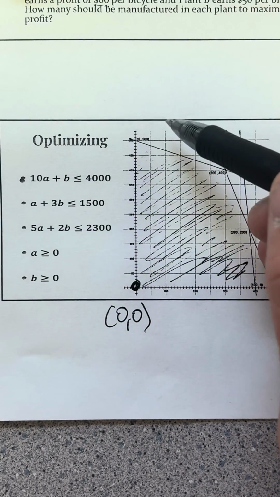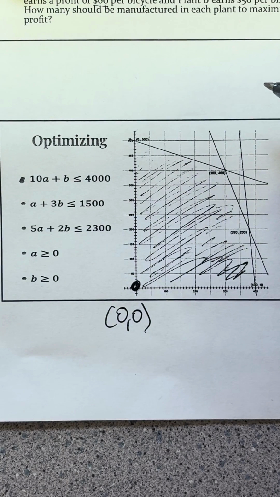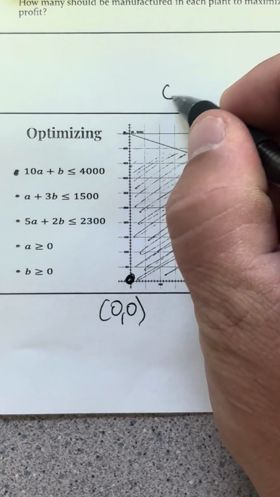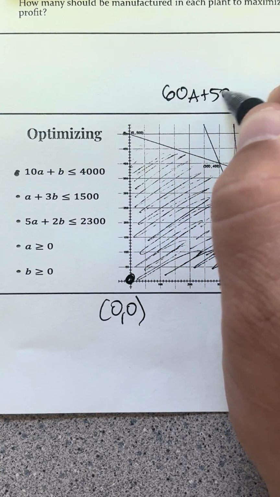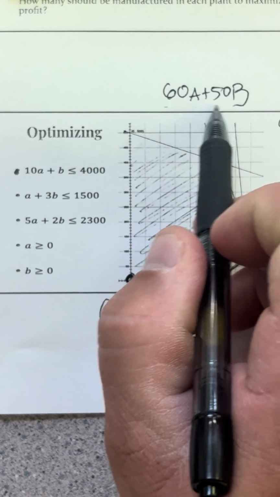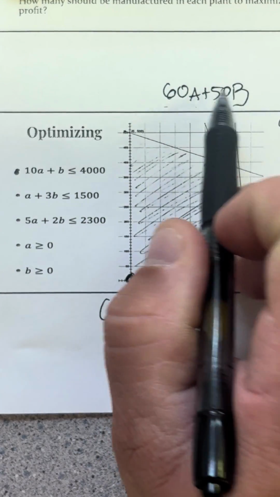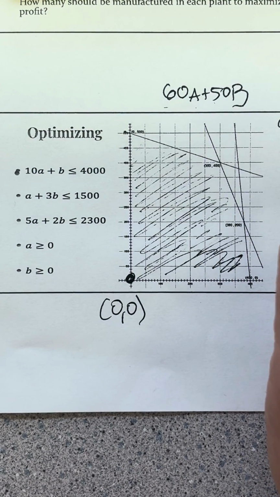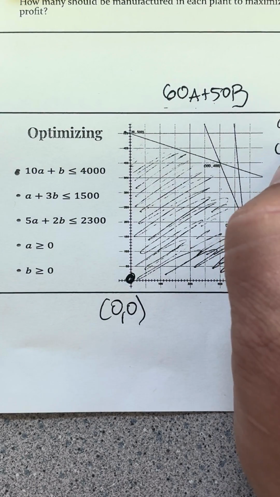So now if we take our other ordered pairs and plug those into our objective function, which again, we had 60A plus 50B, that was our function that we're dealing with here, okay? Our first ordered pair was 0, 500. So if we plug 0, 500 in, 50 times 500 would be 25 and 3 zeros, so 25,000. Our next ordered pair, we have 300, 400.